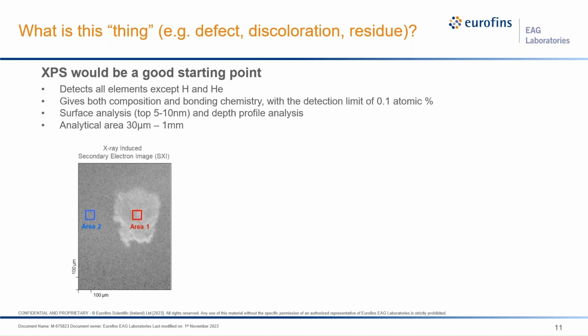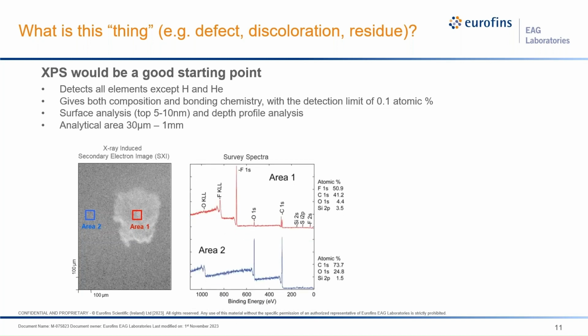Here is an X-ray induced secondary electron image. By obtaining this SXI image, we can see where the residue is located and selectively put an analysis point on and off the residue.